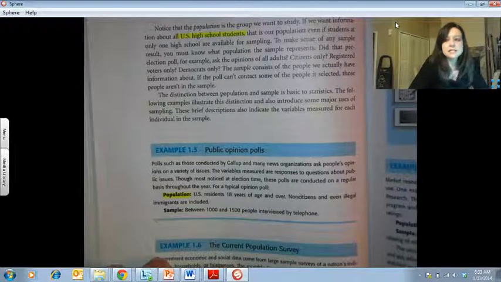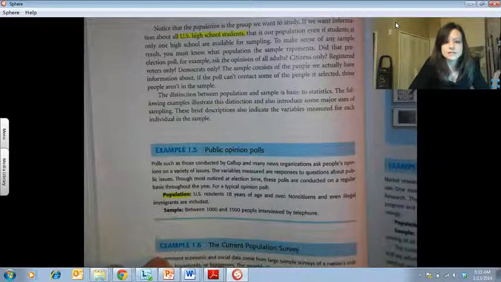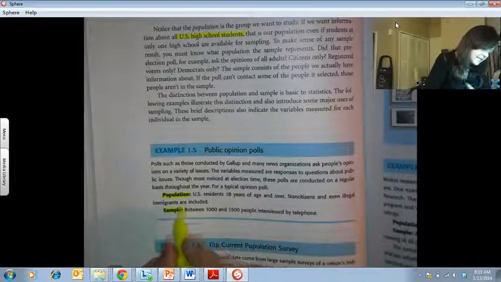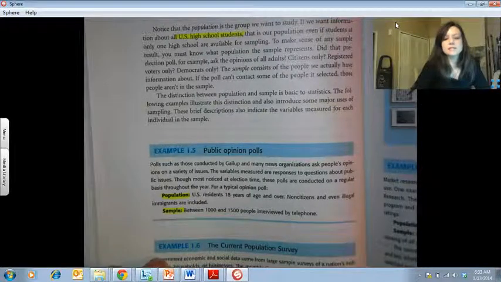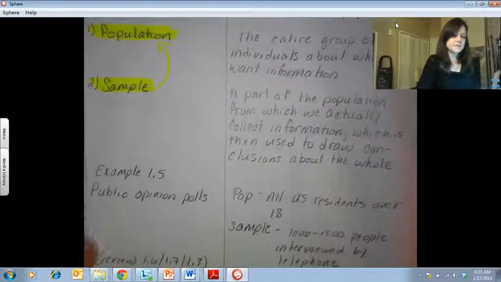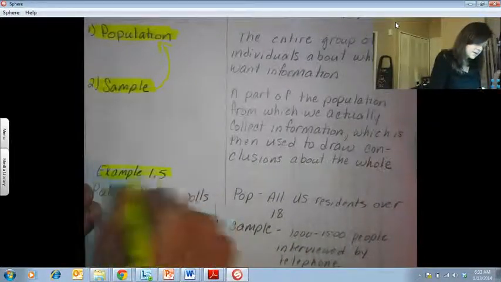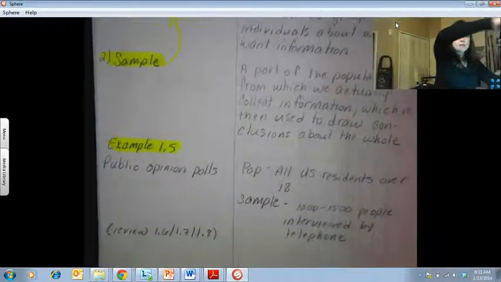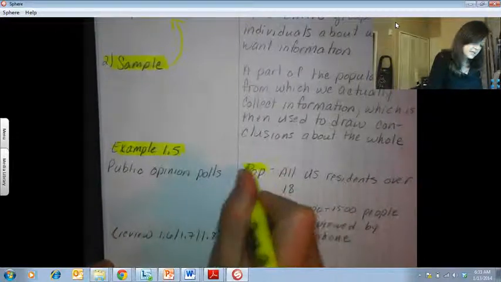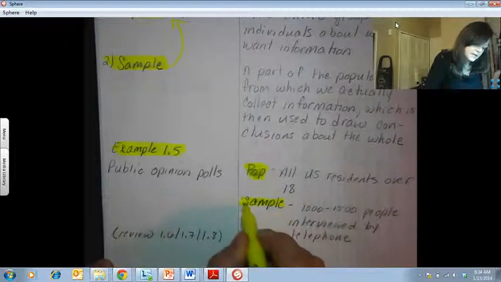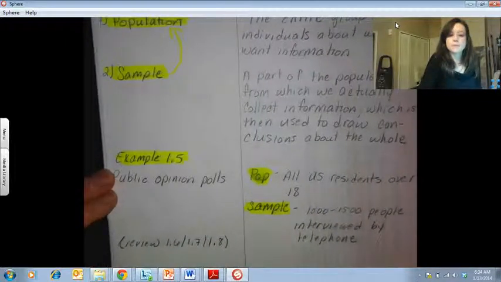The reason that's the case is because it's U.S. residents, not U.S. citizens. Then it also has the sample of this sample survey, between 1,000 and 1,500 people interviewed by telephone. I also put this in the notes from example 1.5. Make sure you understand what the population is and what the sample is. We have the population, the entire group of individuals, and the sample is a part of that population.